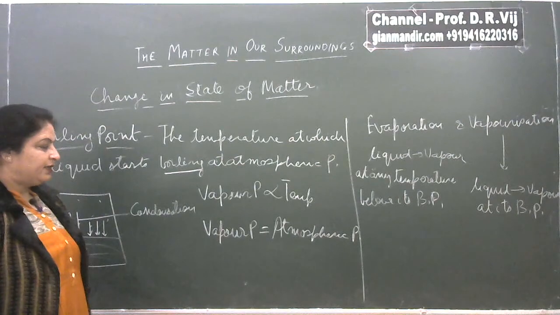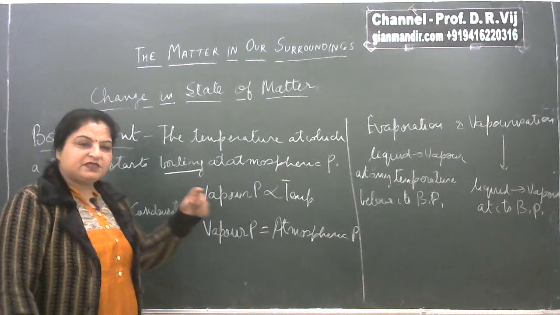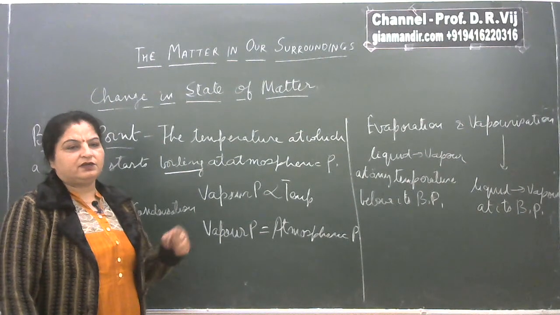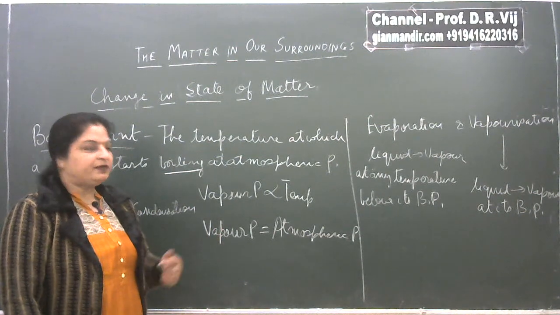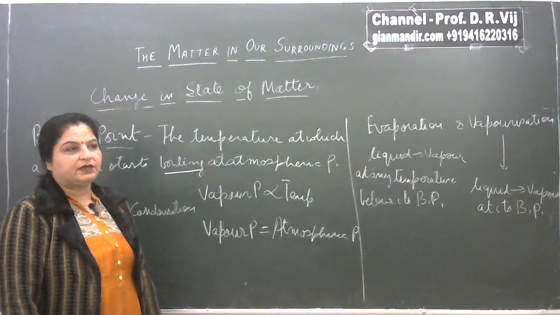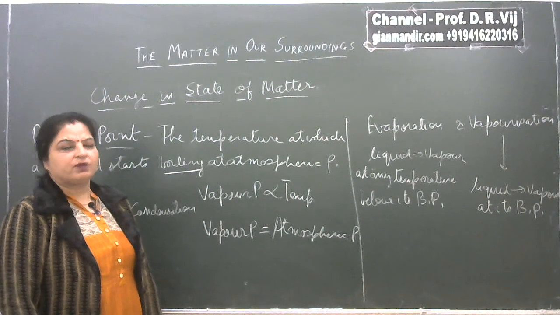Now we say that the liquid is boiling. So boiling is that specific condition of the liquid when the vapor pressure of the liquid is equal to the atmospheric pressure. And the temperature at which this vapor pressure becomes equal to atmospheric pressure, we say that this temperature is its boiling point.